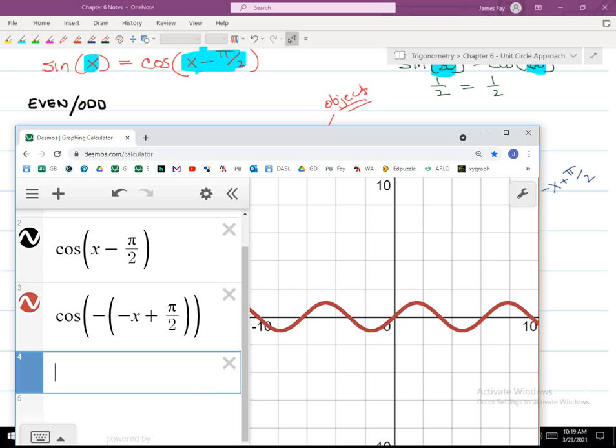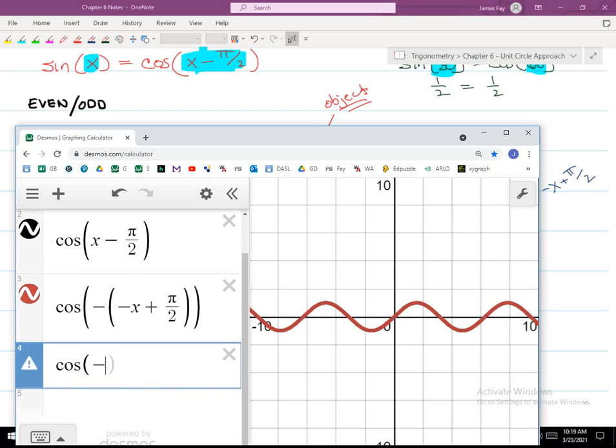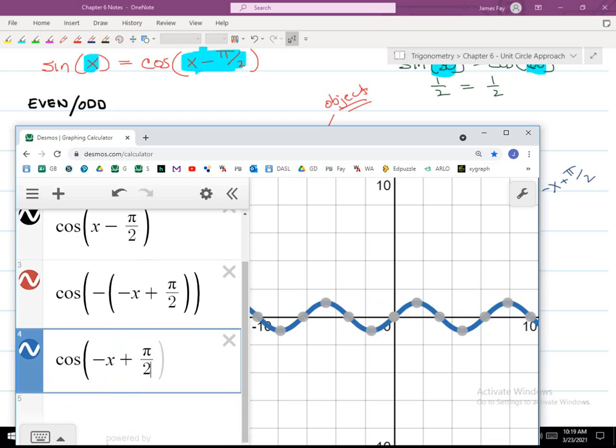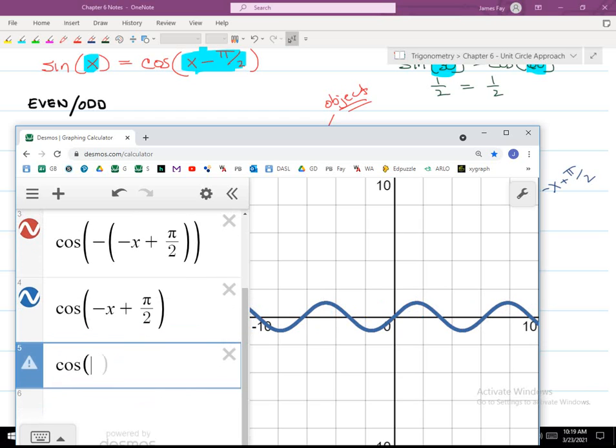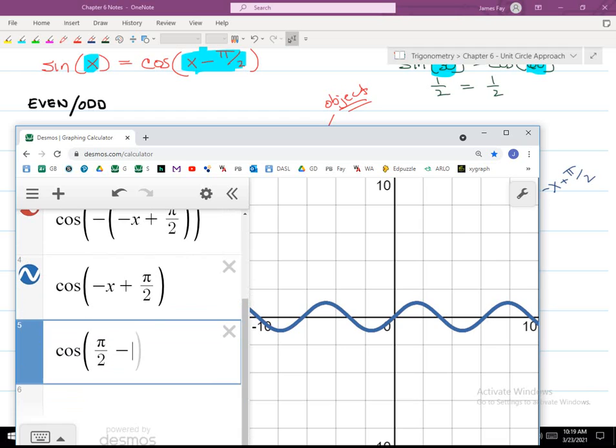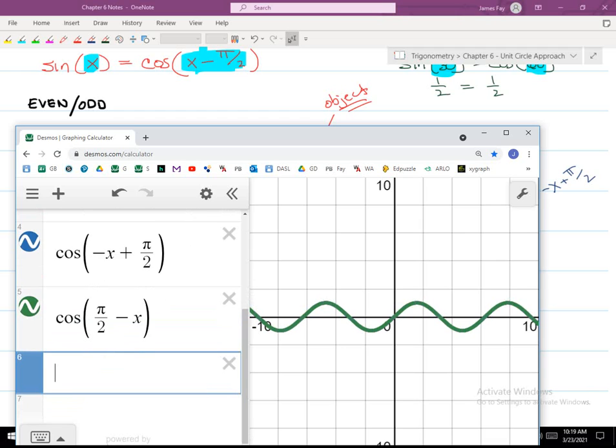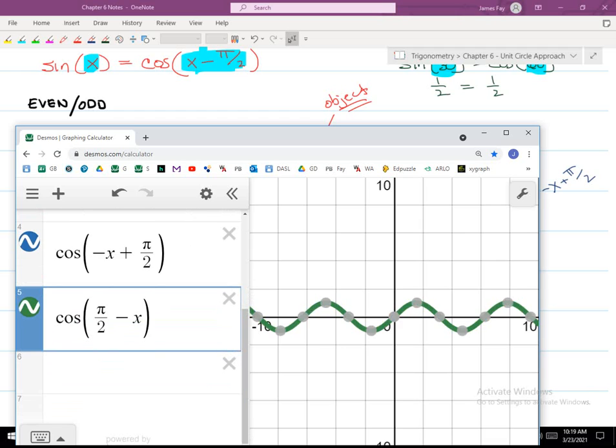And then I want to know, okay, well, if I let essentially that negative disappear, I get that. And that's the same thing. Okay? And then commutative property says pi over 2 minus x is maybe a better way for us to write it. And we see that that does indeed lay on top of the sine of x.